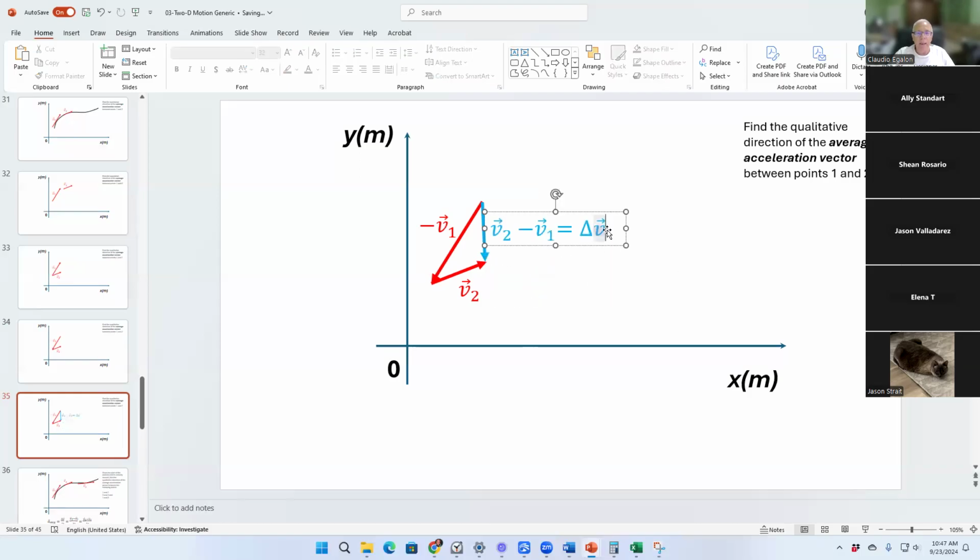Which, by the way, is parallel to the average acceleration vector. Let's see if I can get parallel here.